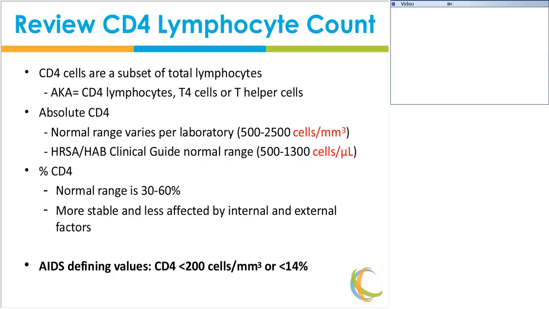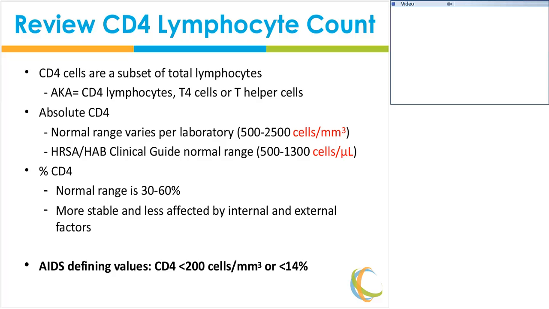The percent CD4 count is your absolute CD4 divided by your total lymphocytes to give you a percentage. And this percentage is very stable over time and less affected by variations that go on in any individual's body from day to day, such as somebody has a dental appointment and has just gotten some inflammation because they've had a good hygiene cleaning done with their teeth, or they had a vaccine and caused a transient inflammation.